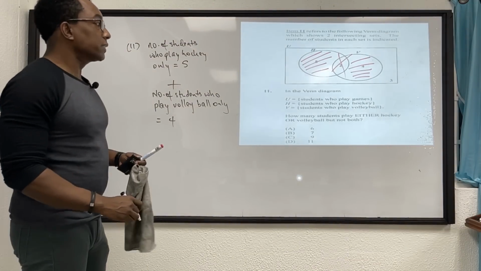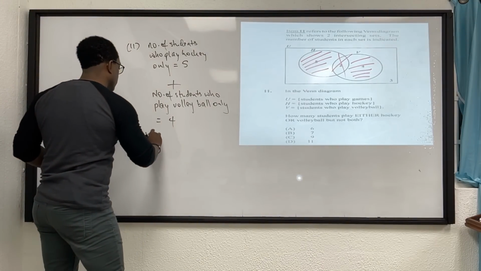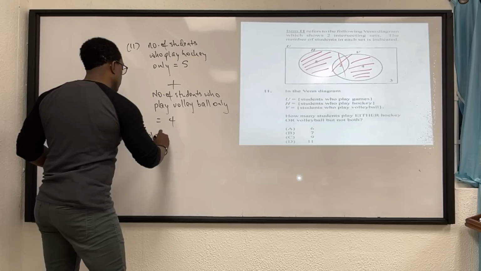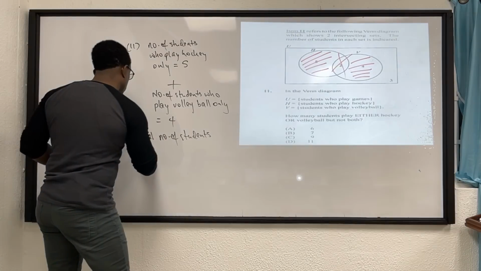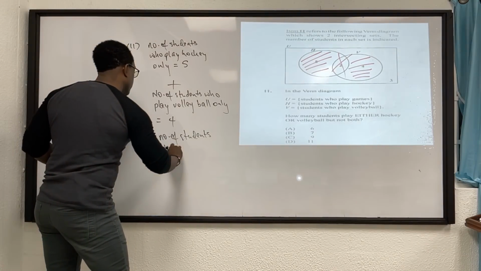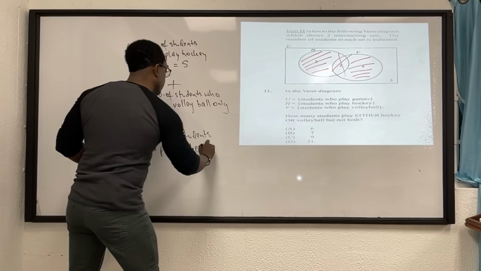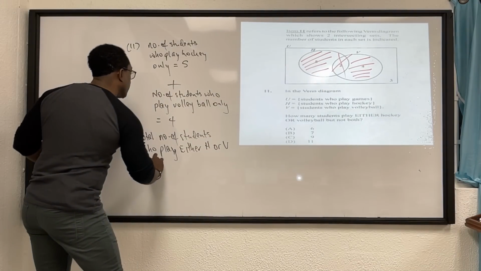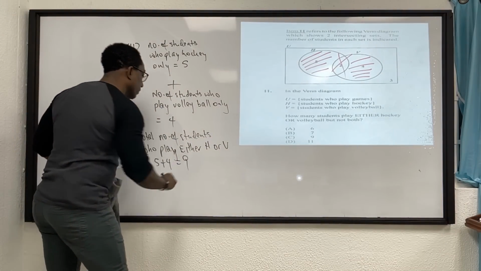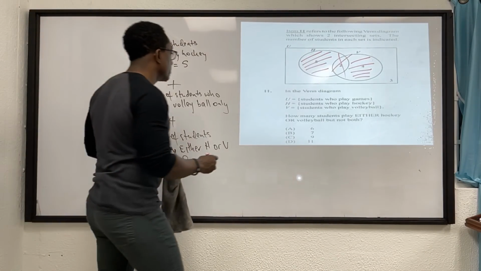So the total number of students who play either hockey or volleyball will be equal to 5 plus 4, which is 9 students, whose answer there is C.